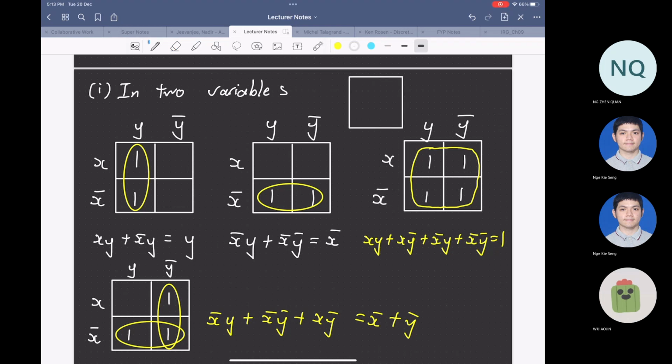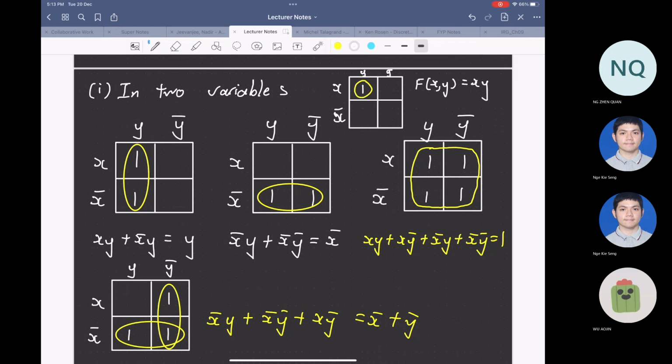If you only have one 1, the simplest form is just xy. You can't go any simpler, and you have already covered it.